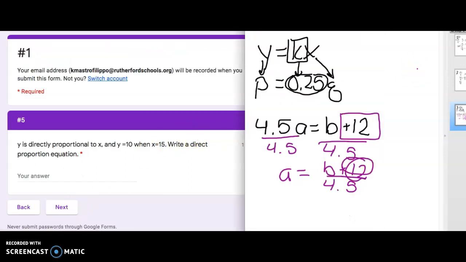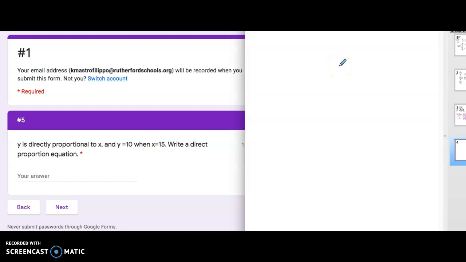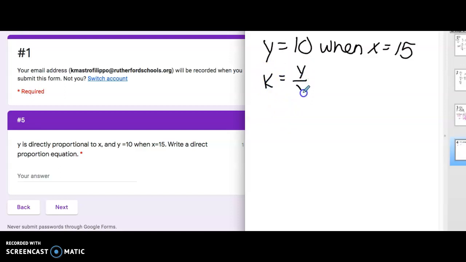Okay. A lot of us had trouble on this one. y is directly proportional to x, and y equals 10 when x equals 15. I want to write a direct proportion equation. Now, to have a direct proportion equation, we need a constant. We know our constant is y over x.